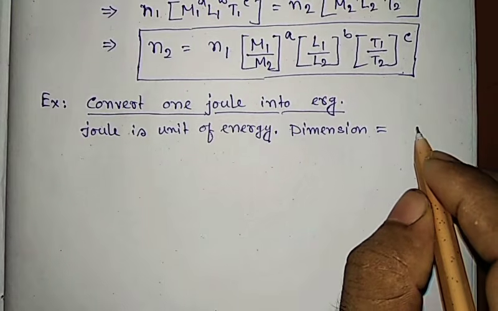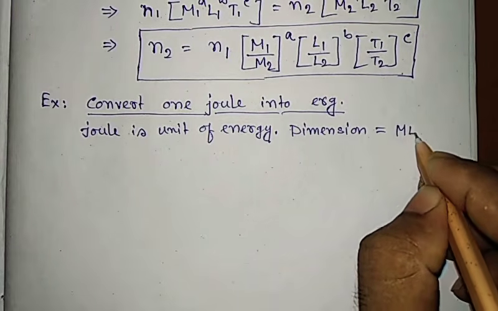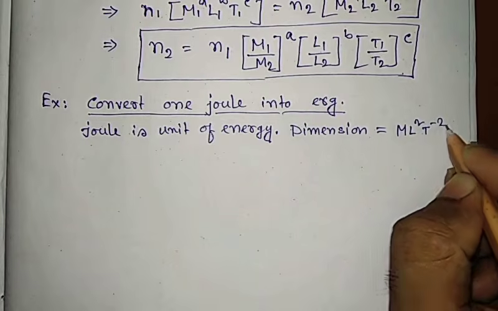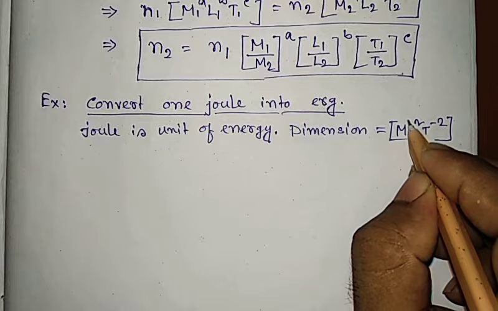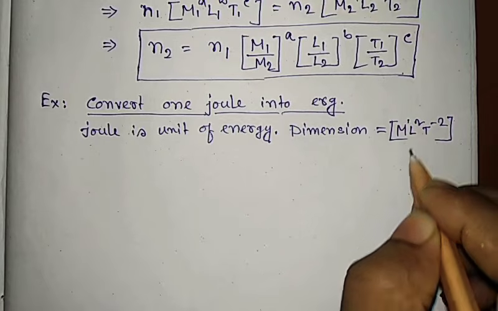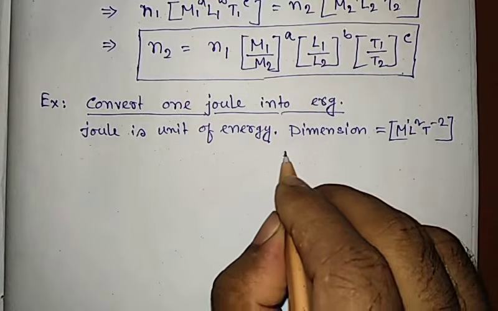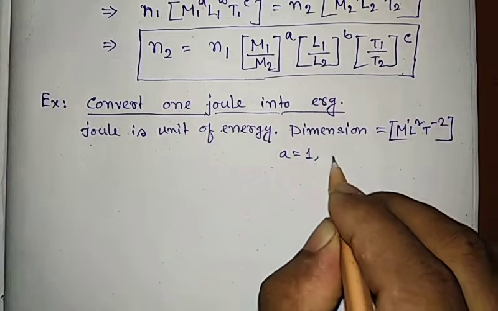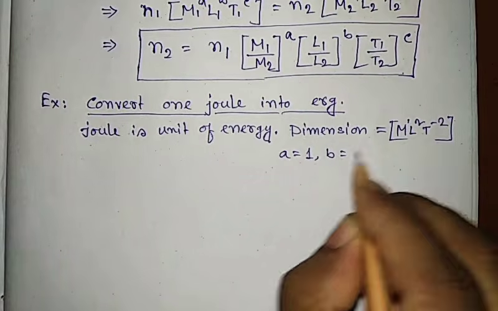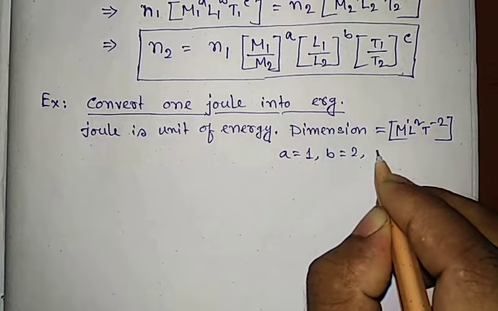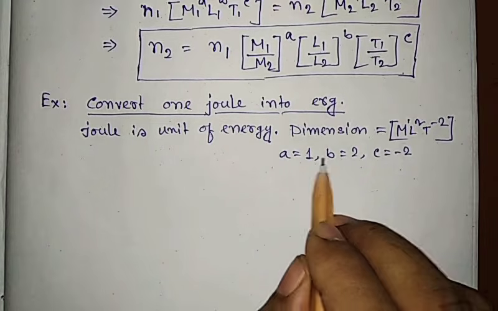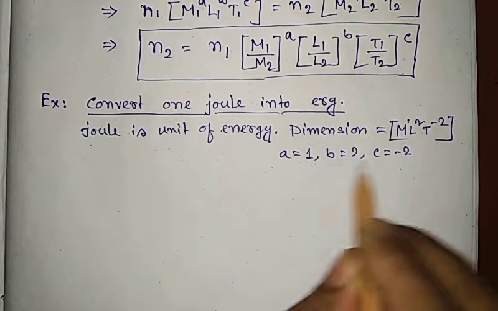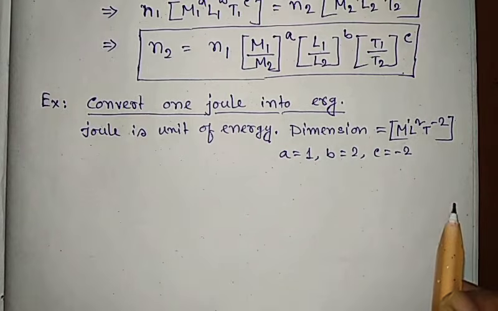Energy is force into distance, so M L square T to the power minus 2. Now the power of M is 1, so A is equal to 1, B is equal to 2, and C is equal to minus 2. So it is clear that the values of A, B, C are 1, 2 and minus 2.